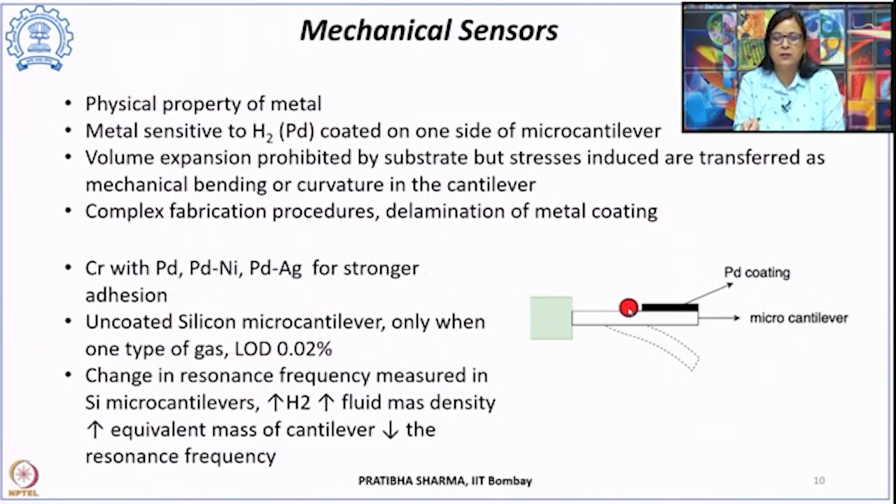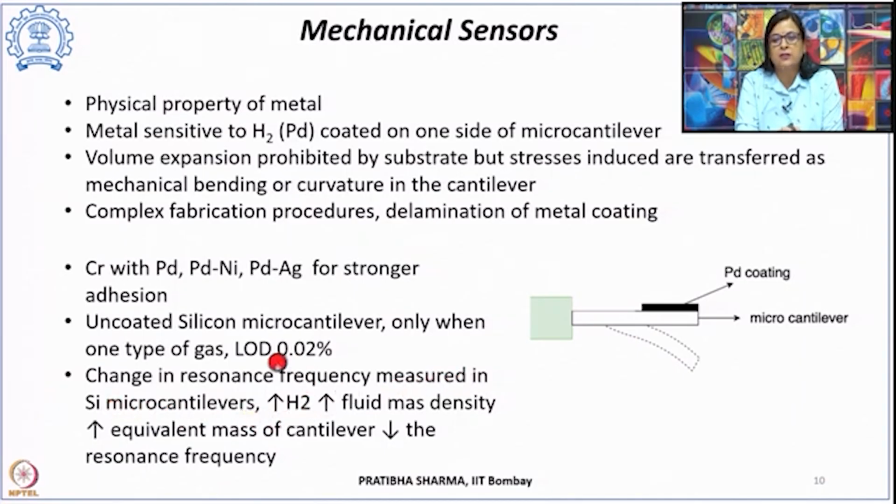Another possibility is that we can use an uncoated silicon micro cantilever, USCM. So an uncoated silicon micro cantilever can be used, but it will detect only one type of gas, and the limit of detection for such cantilevers is restricted to about 0.02%. Now in these uncoated silicon micro cantilevers, the principle of operation is based on the change in the resonance frequency, which is measured in these silicon micro cantilevers.